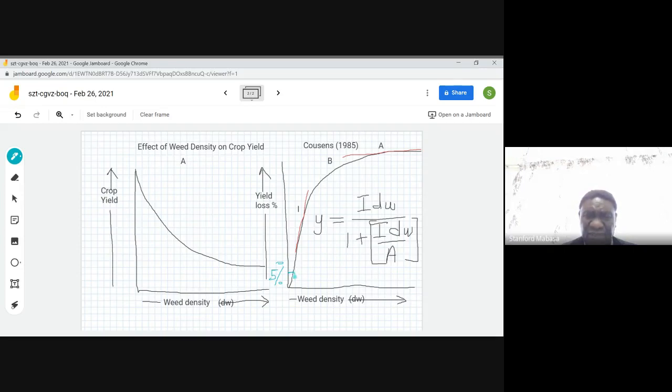And on this graph, if we mark 5%, it will lead us to this density of weeds, which becomes our weed control threshold.